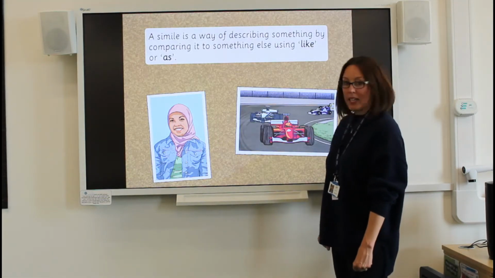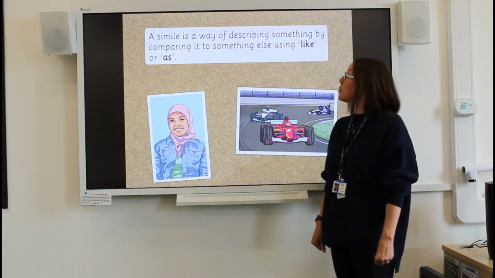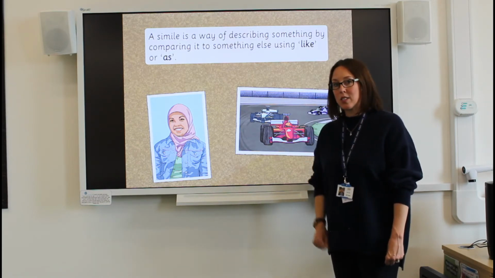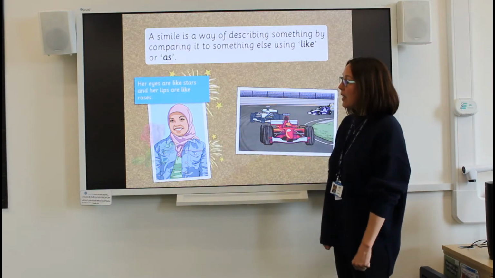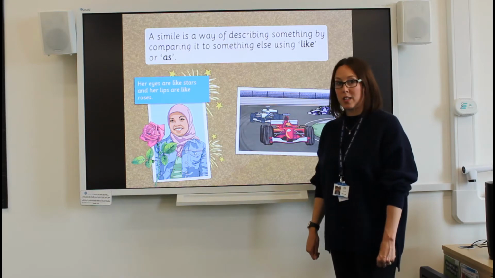So a simile is a way of describing something by comparing it to something else using the words like or as in your sentence. For example, her eyes are like stars and her lips are like roses.